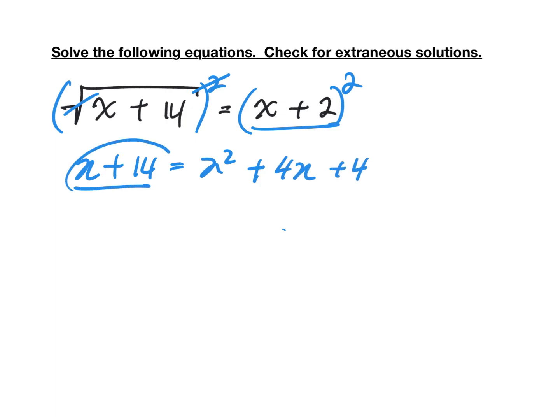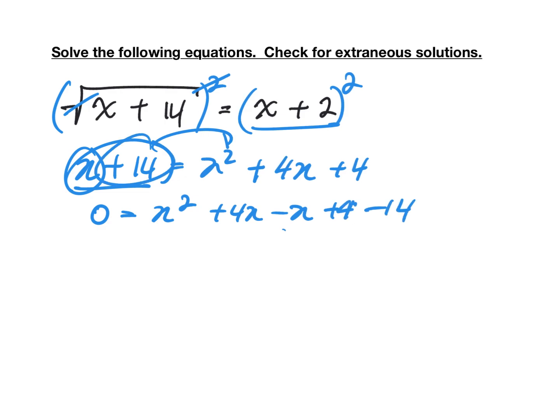Putting this part on the other side, this will give you 0 equals x squared plus 4x minus x, which is 3x, and then 4 minus 14 is going to give you negative 10.